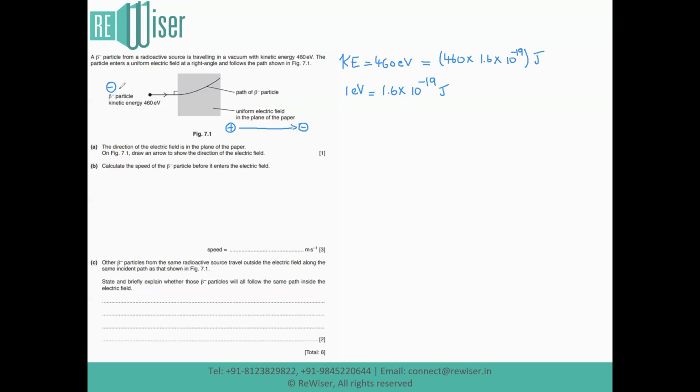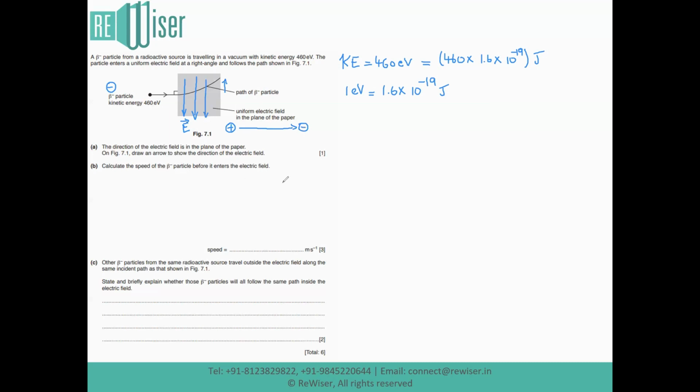And since negatively charged particles are attracted towards the positive, they always get deflected in the opposite direction of the electric field. And since the deflection seems to be upwards, it is safe for us to assume that the direction of electric field is down. So this is the direction of electric field indicated by the electric field lines going downwards.